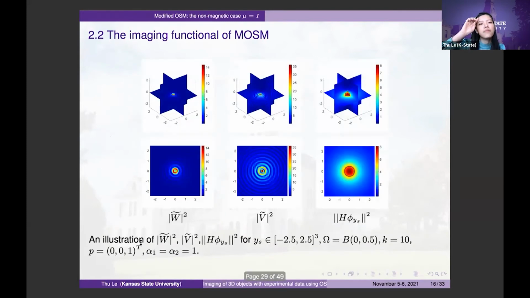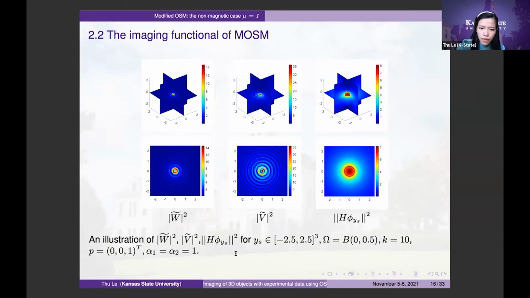Here I give an illustration for modulus of omega v and norm square of h. Our real target omega is the ball centered at 0 with radius 0.5, and you can see here omega and v peak inside the target and decay rapidly outside of the target.